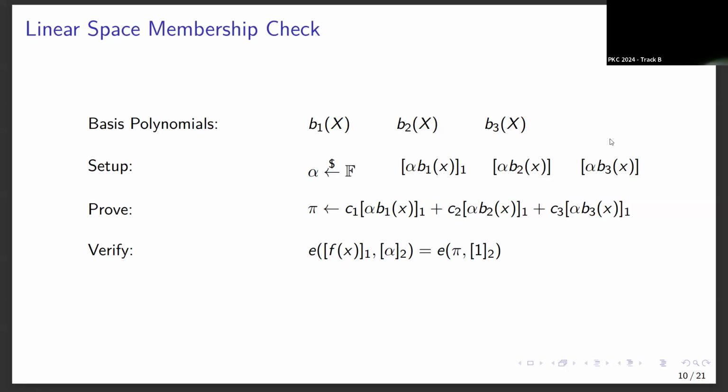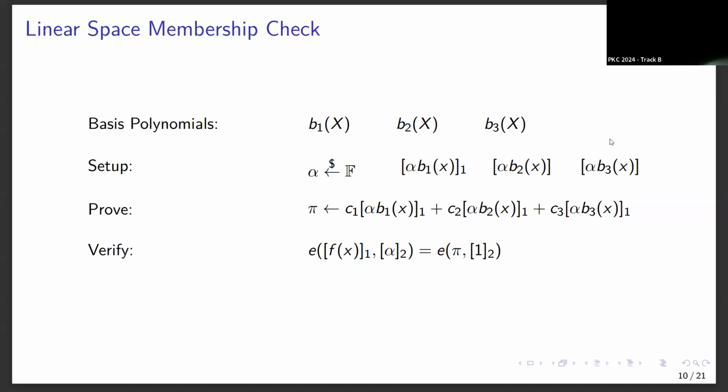We call these the alpha polynomials. To prove that f(x) is indeed a linear combination of these basis polynomials, the prover simply generates the commitment to alpha times f(x). Intuitively, it is computationally infeasible to generate new commitments to new alpha polynomials, except by linearly combining the existing ones. This is known as the knowledge of exponent assumption.